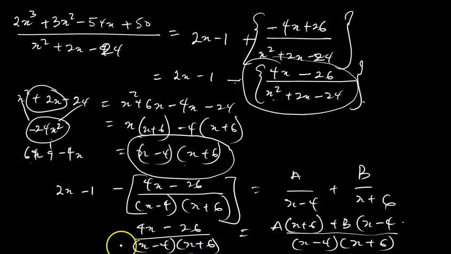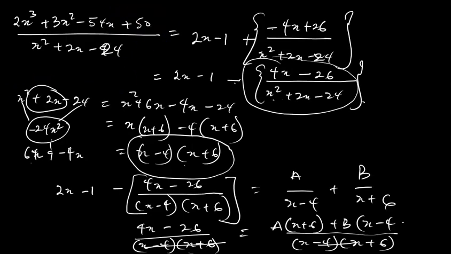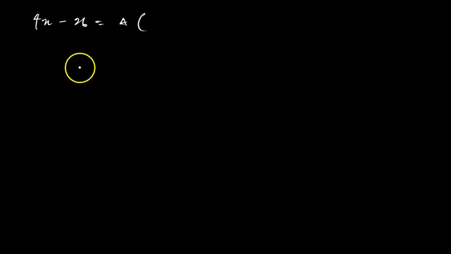Since the denominators are looking alike, this can give way with this, so that my expression now becomes 4x minus 26 is the same thing as A into x plus 6 plus B into x minus 4.